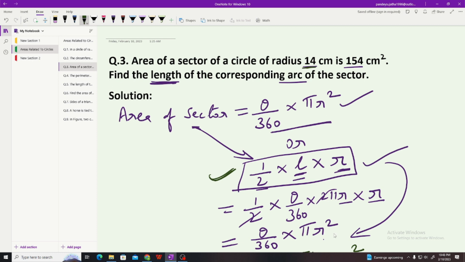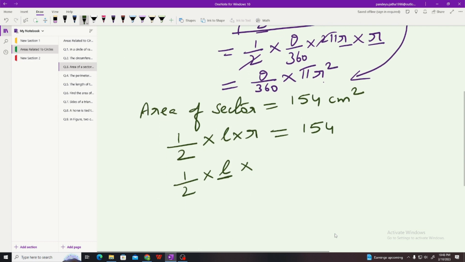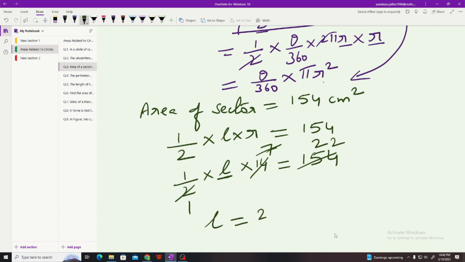So just let's replace. So half into L into radius 14 is equal to 154. Cancel it. So length will be equal to, we can cancel this 154 with this 7. So length we are getting it as 22 centimeter.